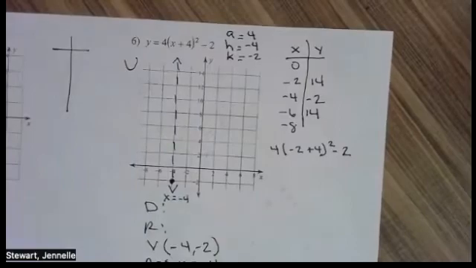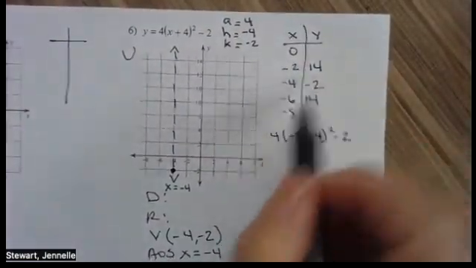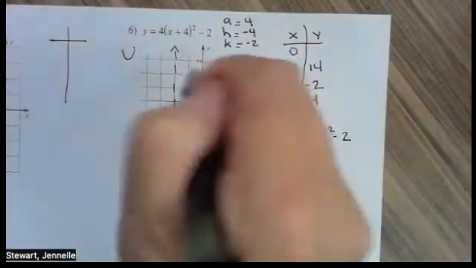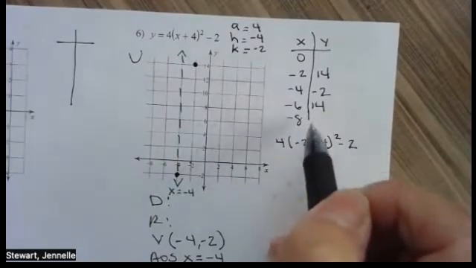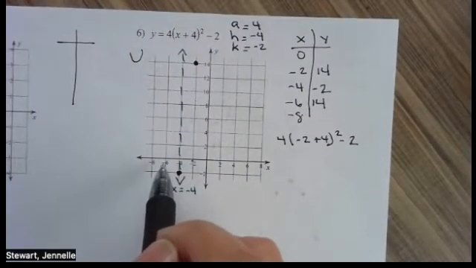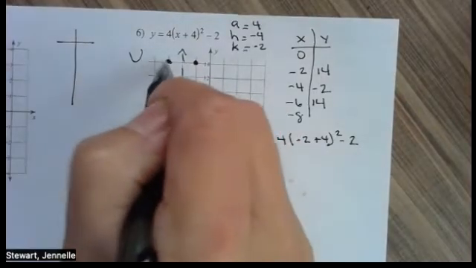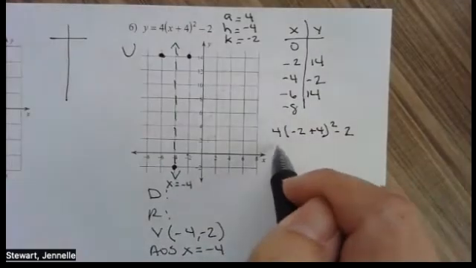Wow, that tells me we may not be able to fit the other 2 on our graph here. So negative 2, 14 is all the way up here. Negative 6, positive 14. Now, I'm going to plug in 0 because I want to know what the y-intercept is.